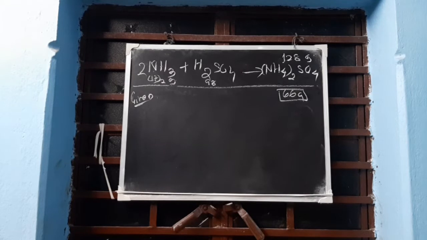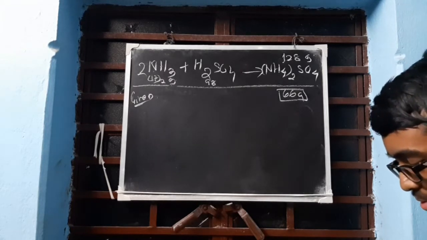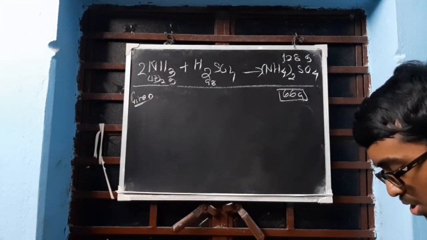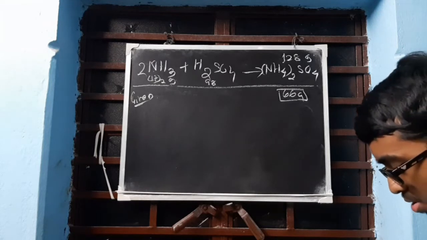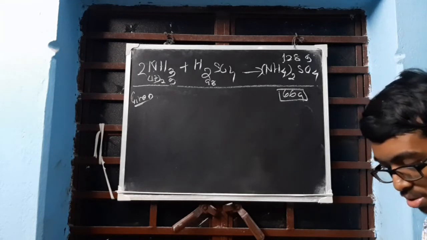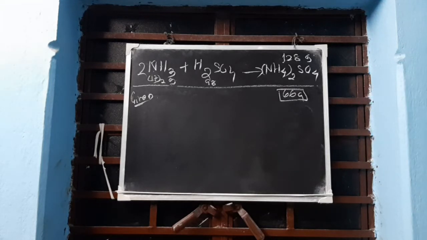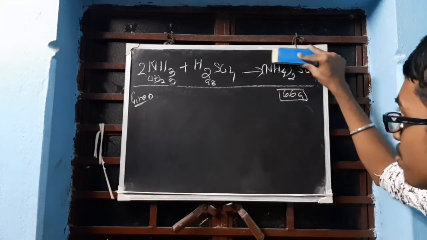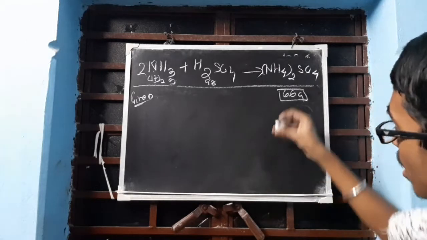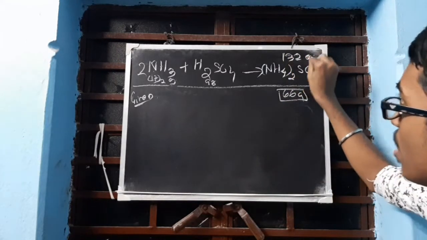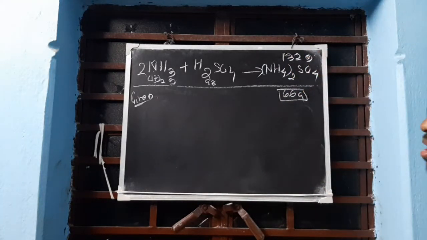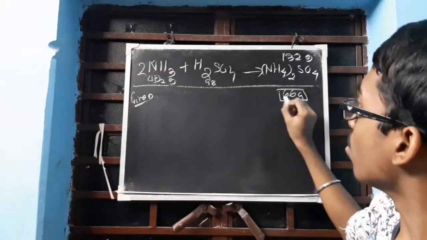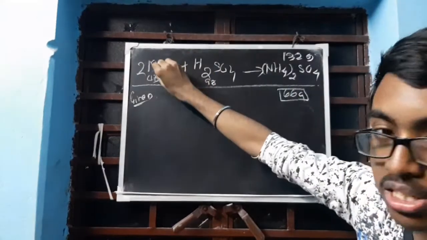Just let me check once. Wait. Nitrogen 28, hydrogen 8, sulfur 32, 64. No, 132. Not 128. 132. That is why I checked. 132 gram. Okay. Now, for this much, how much NH3 will be needed?